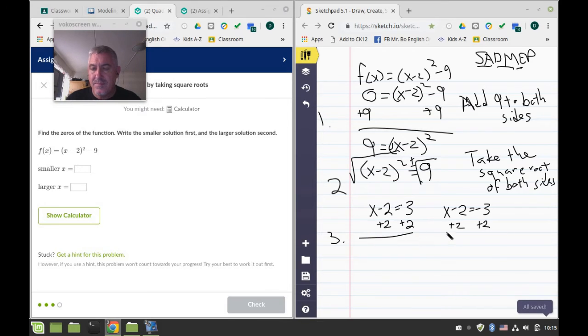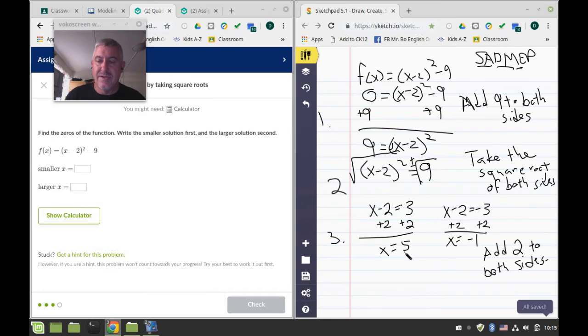So now I have x equals 5, or x equals negative 1, and we'll call this add 2 to both sides. Okay, so I have 5 and negative 1, and what's the smaller number? The negative is the smaller number.